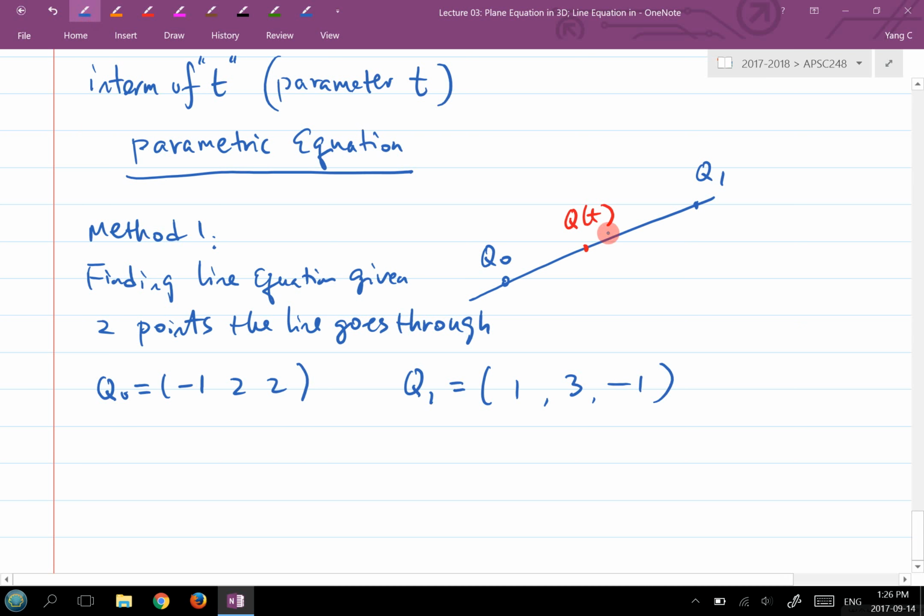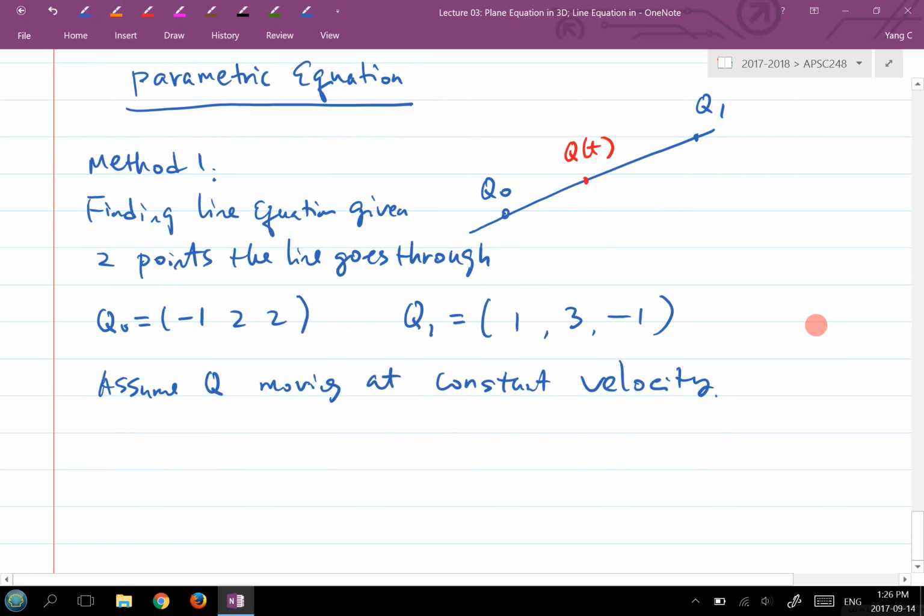I'm going to assume this Q is moving at constant velocity. And also we can assume the following things here.